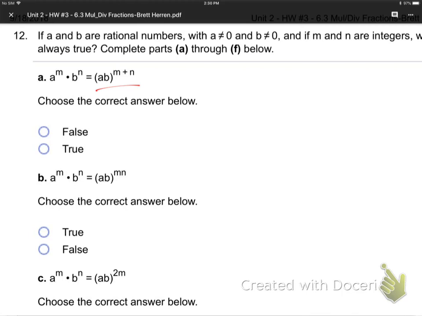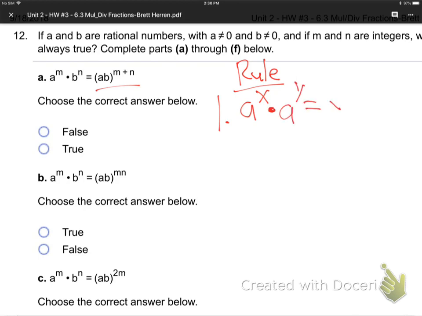Basically, here's the rule. Let me give you the actual rule that'll help. I'll give a couple versions of the rule. Rule number 1, you can have the same base to 2 different powers.